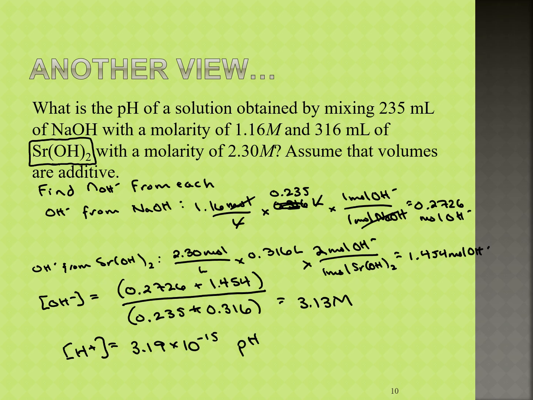And so the pH is going to be the negative log of that, which is going to be 14.50. So make sure that you saw how I got there from the OH concentration. Do whichever steps you like the best. I just wanted to get us to our final answer there. The top part of this was the more important stuff, showing that this is the case where we did need to take the strontium hydroxide breaking apart into 2 hydroxides into account.